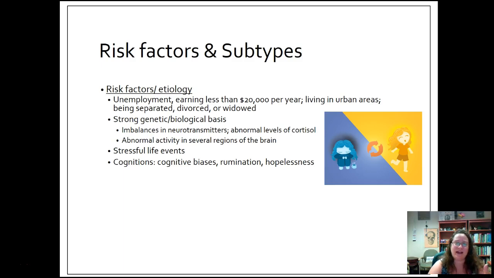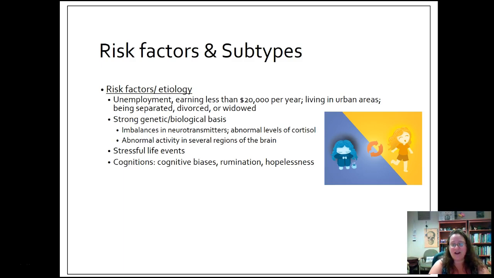We've got a lot of risk factors for depression. Some are more genetic in their typology. But we can see things like neurotransmitter imbalance, cortisol problems, a lot of abnormal activity in the brain, as well as some social factors like unemployment and not having strong interpersonal relationships.